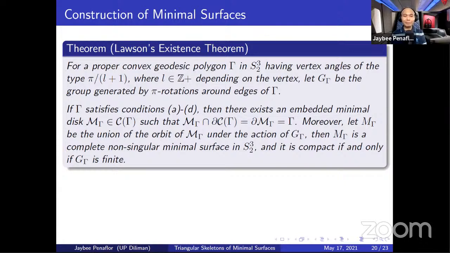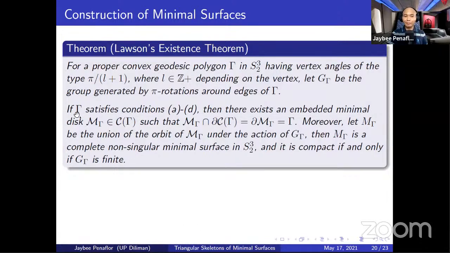be the group generated by pi rotations around the edges of gamma. If capital gamma satisfies the conditions A to D, which we shall see later, then there exists an embedded minimal disk, mathcal M sub gamma, in the convex hull of gamma, such that mathcal M sub gamma intersection with the boundary of the convex hull is equal to the boundary of the minimal disk M sub gamma, which is equal to the polygon itself, gamma.